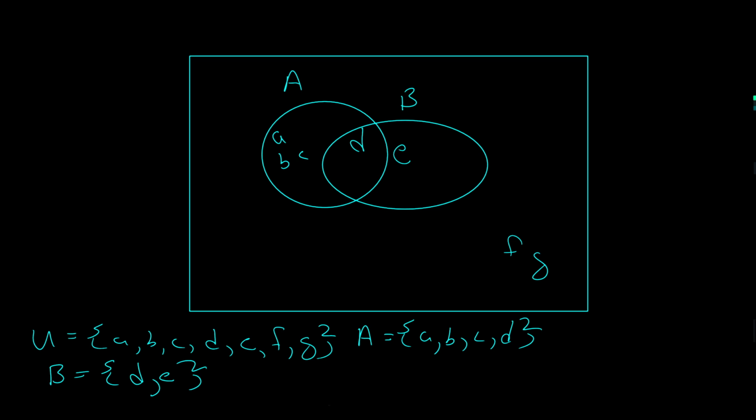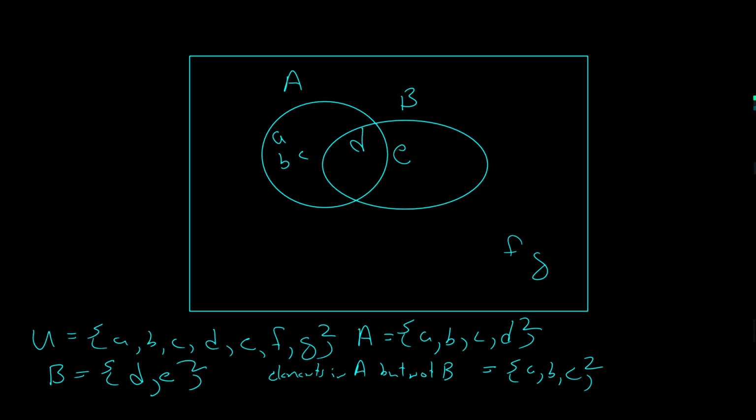And if I look, I can say the elements that are in A and B is D. And I can talk about the elements in A but not B. So the elements in A but not B. And that's going to be A, B, C. Right?